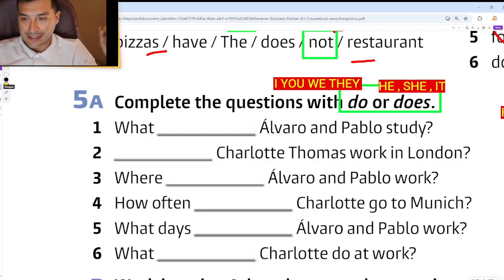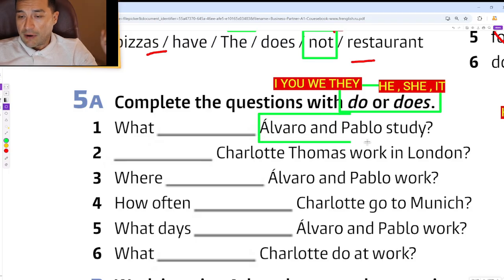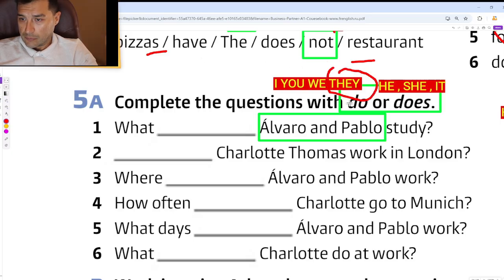Okay, let's practice. Alvaro and Pablo. That's they. So we have to use do. What do Alvaro and Pablo study?